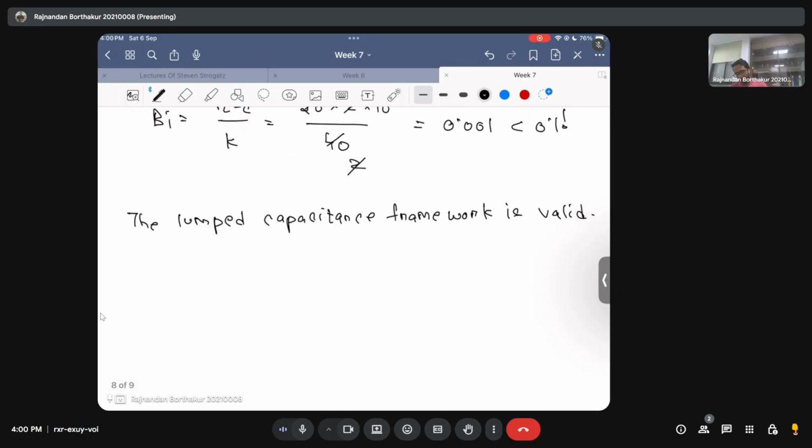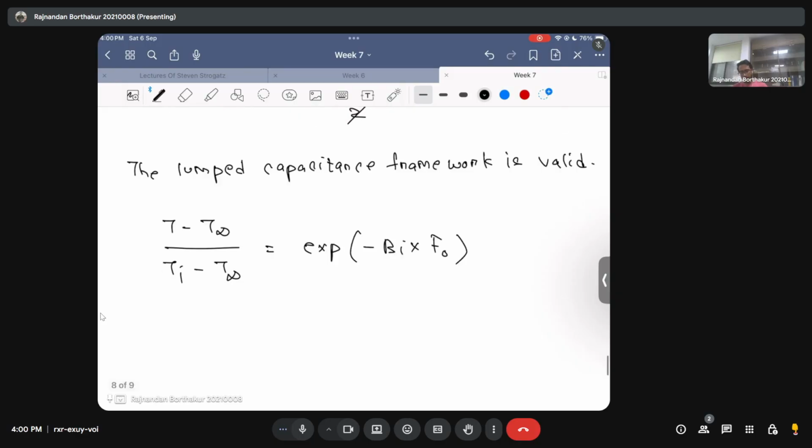we can write the temperature profile as (T minus T infinity) by (Ti minus T infinity), and this is equal to exponent of minus of the Biot number times the Fourier number. Okay, and we know all the values.